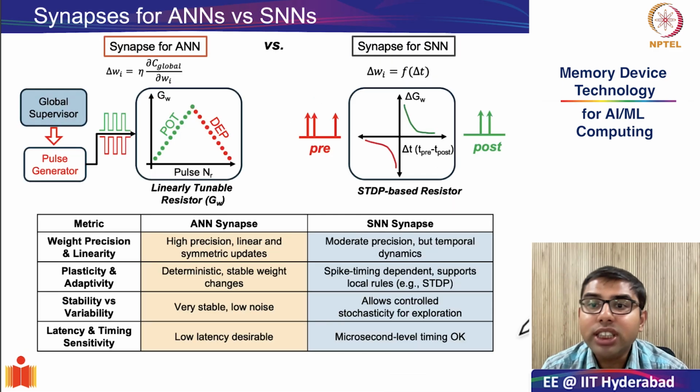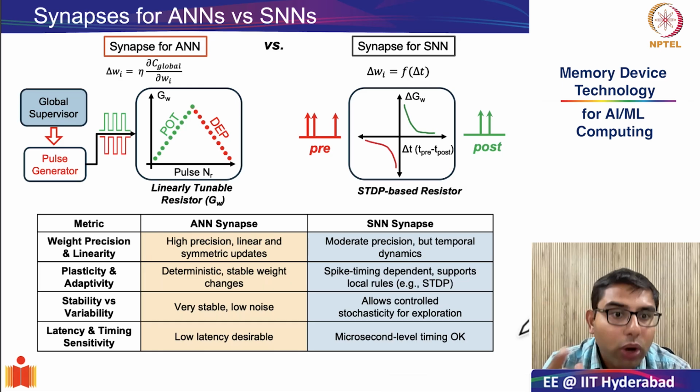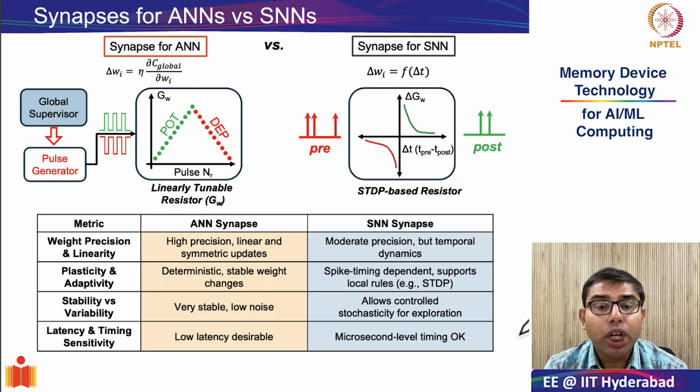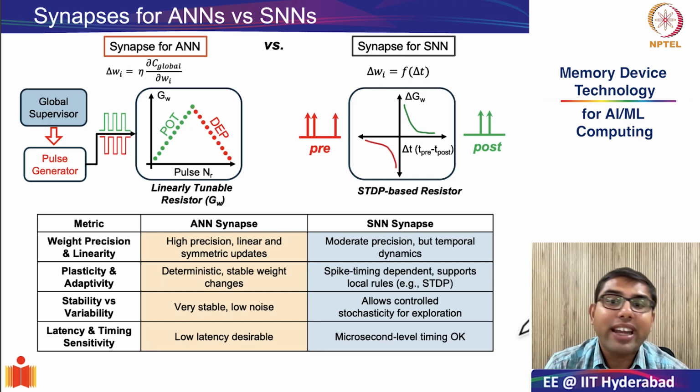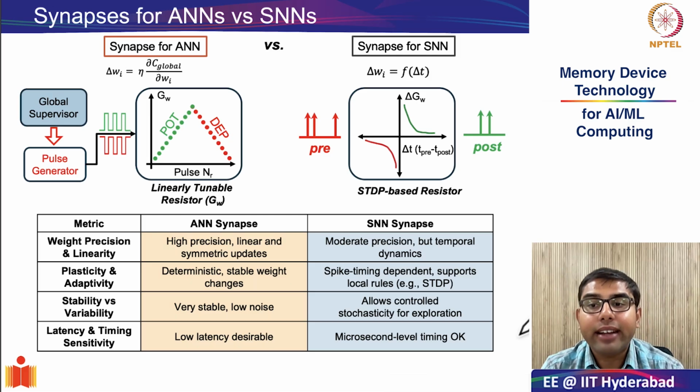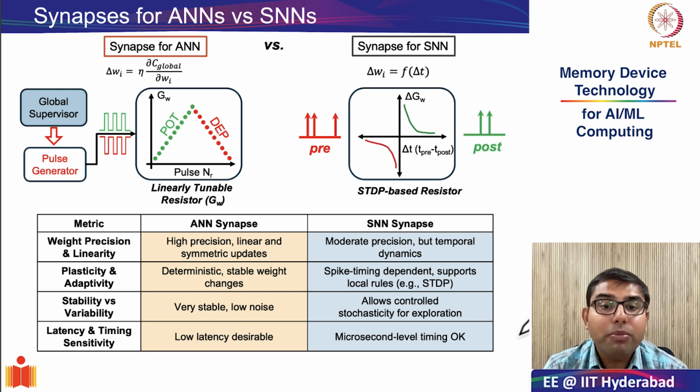So with this knowledge, whenever you fabricate or measure a device or even see one that is reported in literature, you should immediately be able to tell whether the device is well suited for ANN type of learning or for SNN type of learning. So let us go through each of the characteristics in the table, contrast both of them directly so that we have a very clear idea.